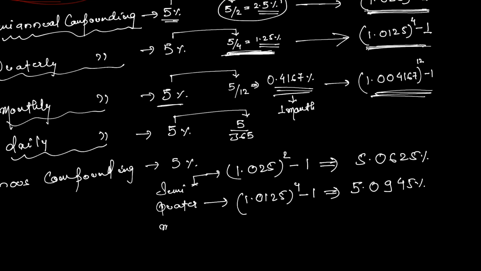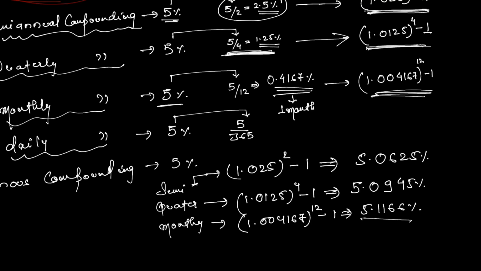For the monthly compounding, the equation is 1.004167 raised to the power 12 minus 1. This is the effective interest rate of 1 year. This will give you an interest rate of 5.1166%. Higher the compounding, higher would be the effective interest rate.